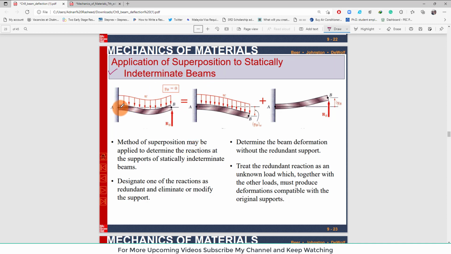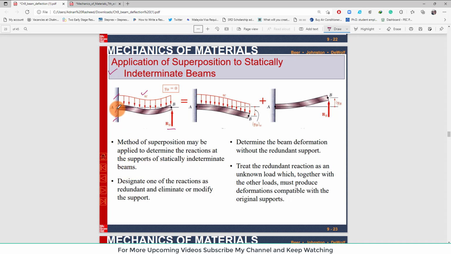You can see this is a statically indeterminate beam. This is a beam with a fixed support at point A, and there is a rolling support at point B, which is replaced by a reaction force, and it is acted upon by a uniformly distributed load W. Clear? So the method of superposition may be applied to determine the support reactions of a statically indeterminate beam.